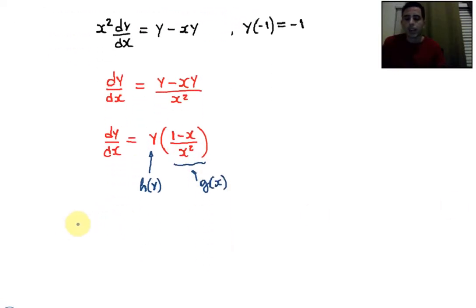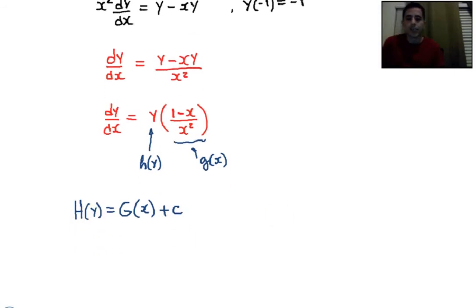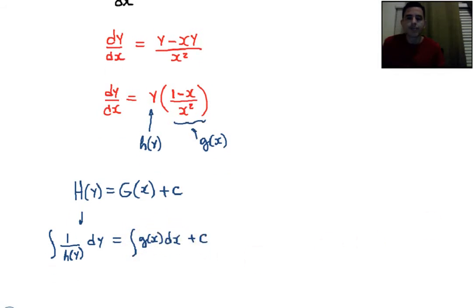Okay, so the solution of the ODE would be H of y equals capital G of x plus a constant, where big H of y is the antiderivative of 1 over h(y) dy, and capital G is the antiderivative of g of x, plus a constant.